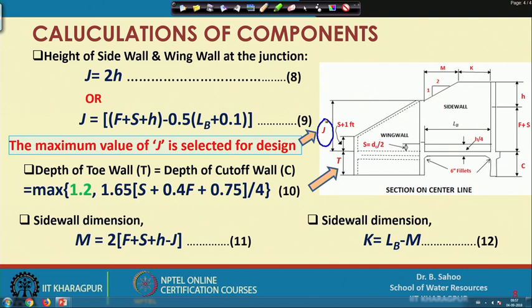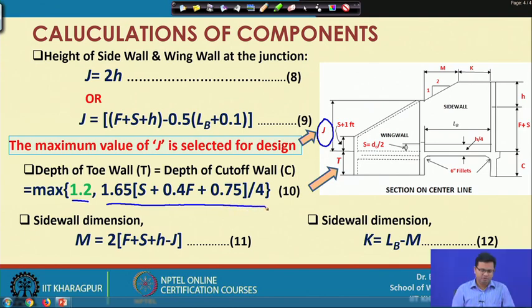Similarly, you know that the depth of toe wall or cutoff wall should be a minimum of 1.2. So, that is why I have given here, you have to select in between 1.2 and 1.65 into S plus 0.4 F plus 0.75 divided by 4.